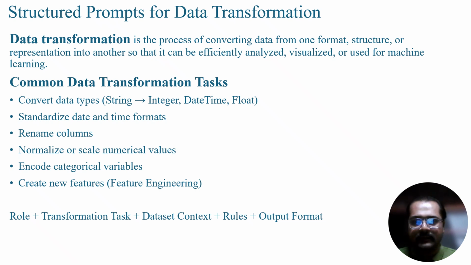Why are we doing all this? Before machine learning, data should be transformed and cleaned. Common data transformation tasks: convert data types, string to integer, date time, float. Standardize date and time formats, rename columns, normalize or scale numerical values, encode categorical variables, create new features, called feature engineering.